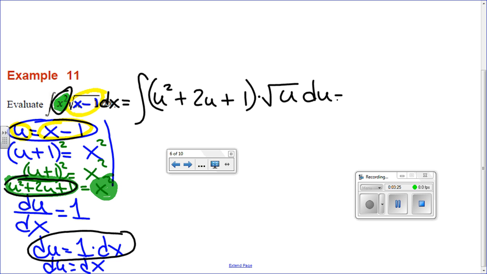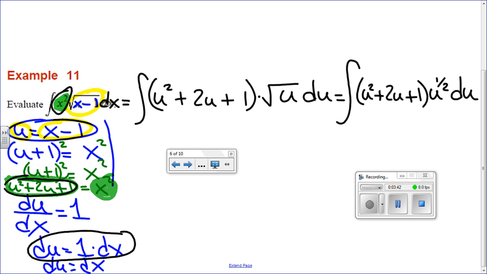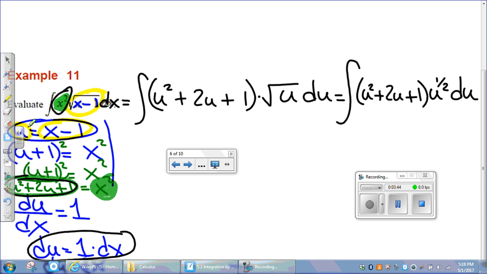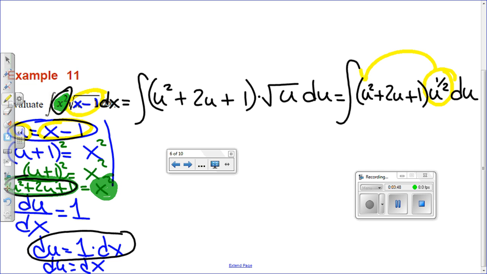Now we need to recognize that the square root of u, if we get rid of the radical, is u to the power 1/2. And now I'm going to distribute the u to the power 1/2 to every term inside the trinomial.